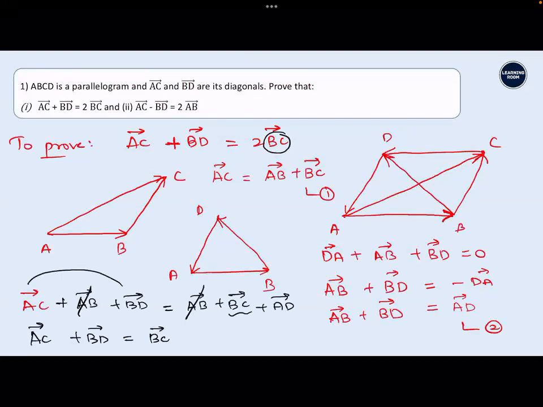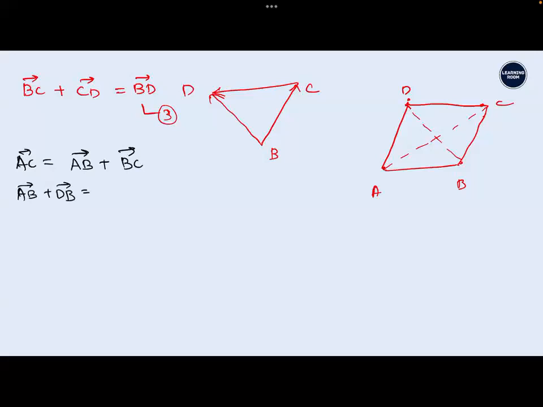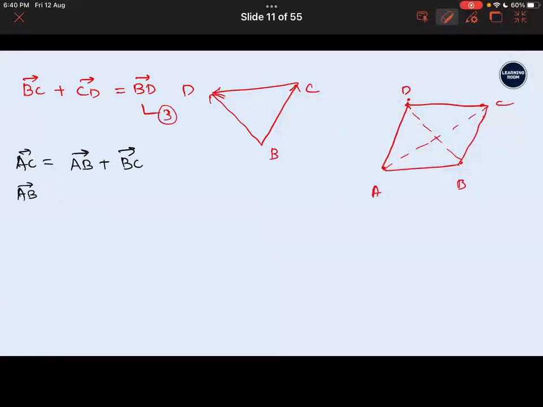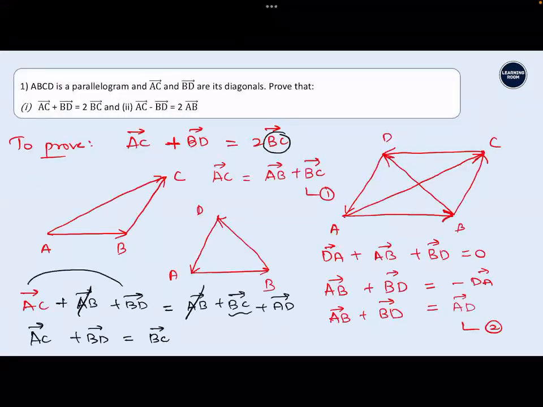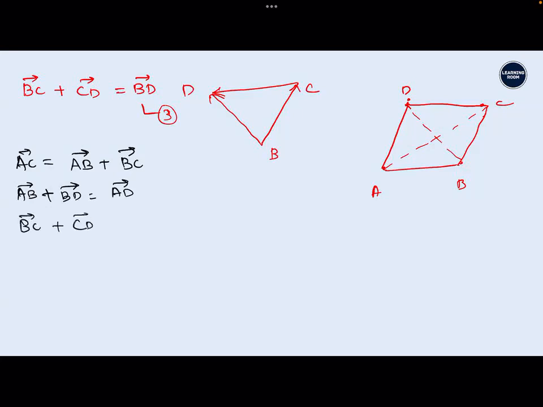And the second expression is AB vector plus BD vector is equal to AD vector. Then we have BC vector plus CD vector is equal to BD vector.